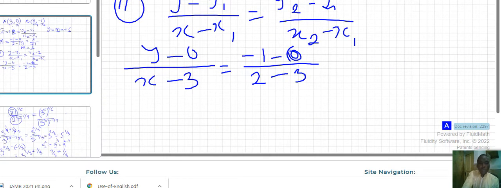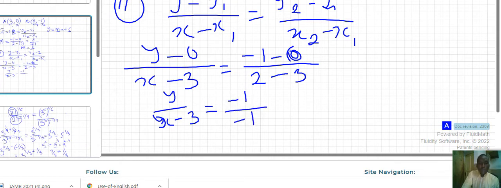So let's simplify. Y minus 0 is going to give us y over x minus 3. That will be equal to minus 1 minus 0, which gives us minus 1, all over 2 minus 3, which gives us minus 1. So what do we do here? We are going to cross multiply.